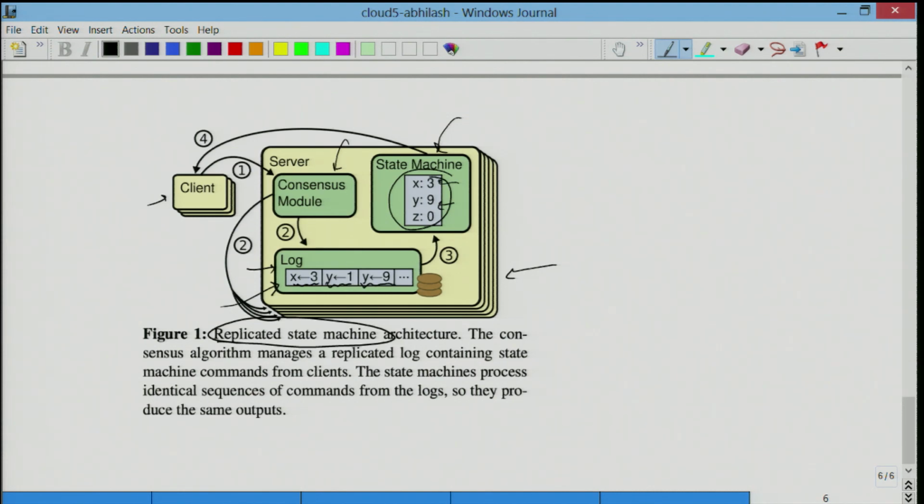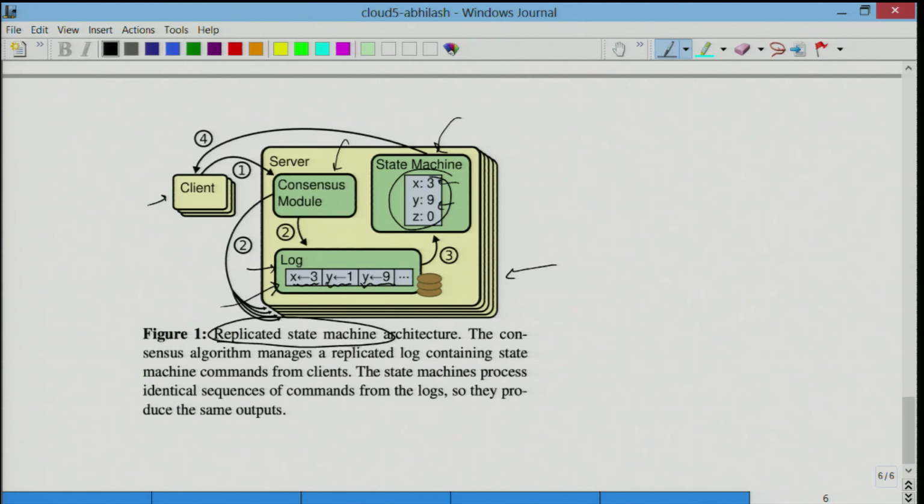But when we use log replication, we maintain multiple state machines. So every replica has an identical state machine. We're trying to maintain an identical state machine.